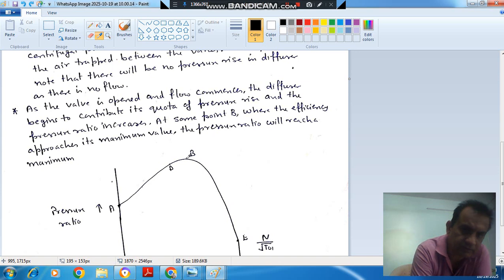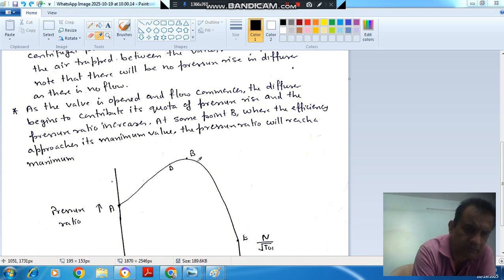Once it reaches point B, by opening the valve and increasing the mass flow, after that it will start falling, because at point B the air angle will be different from the vane angle, and the mass flow rate will be more, and the air will not follow the impeller vane.